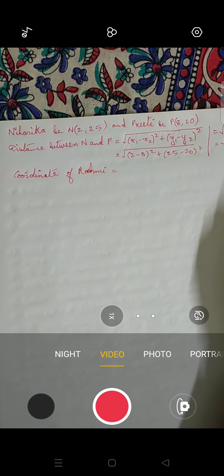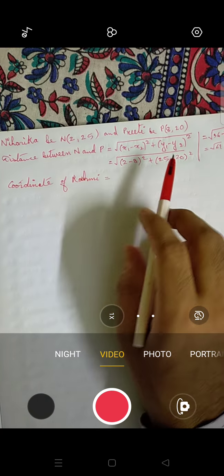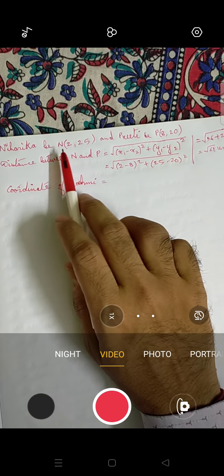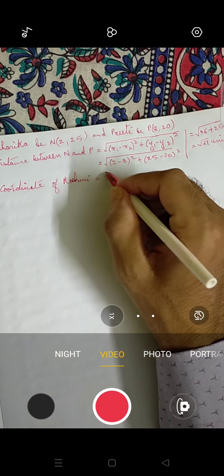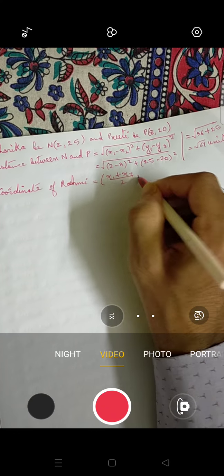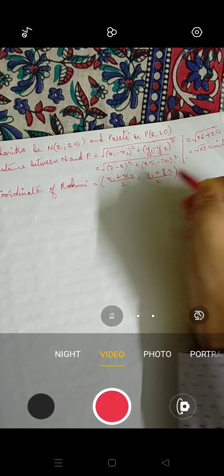Now you know that this is the middle point. That means Rashmi is in the middle. She wants to post a blue flag exactly between Niharika and Preeti. So that is the midpoint. That means we will write x1 plus x2 by 2, comma y1 plus y2 by 2.